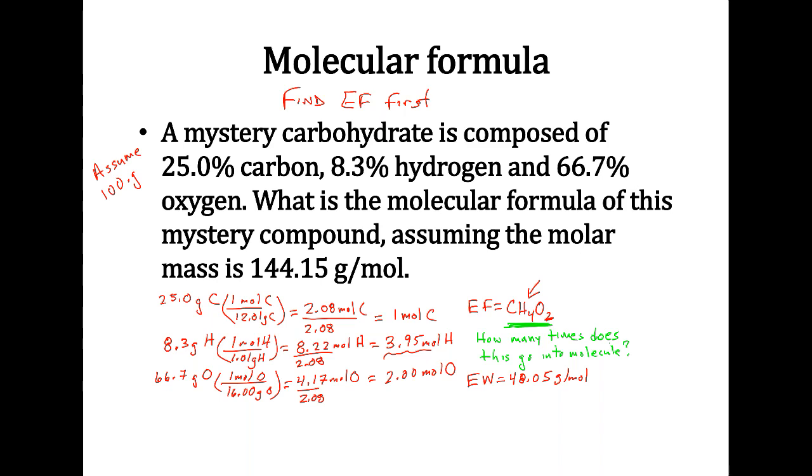So if we want to figure out how many times does this go into the molecule, what we can do is take the molecular weight divided by the empirical weight, and that's going to give us some factor. And that's going to tell us how many times that empirical formula actually goes into the molecular formula.